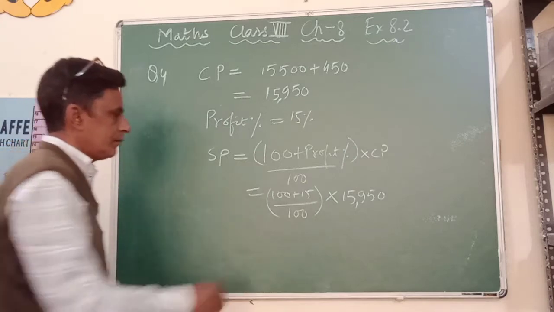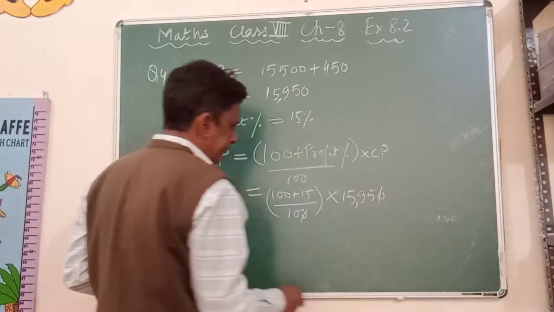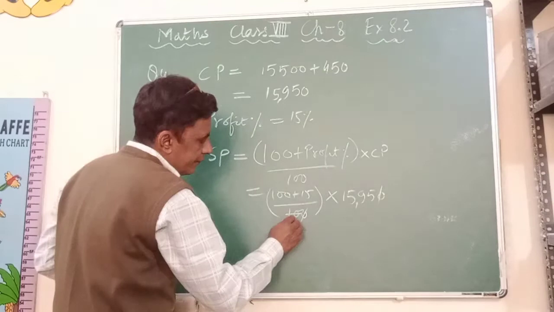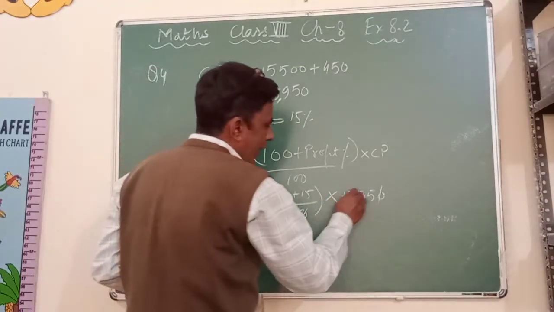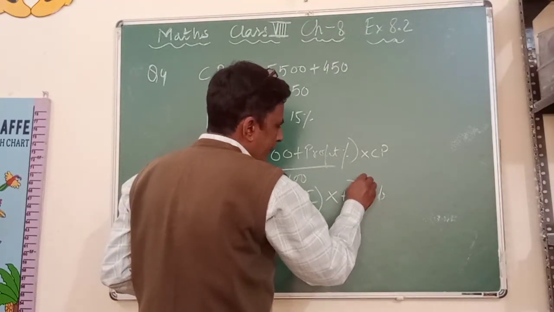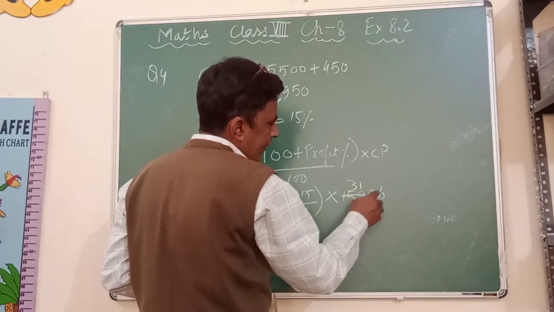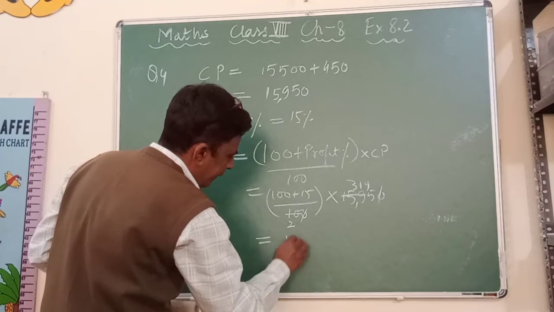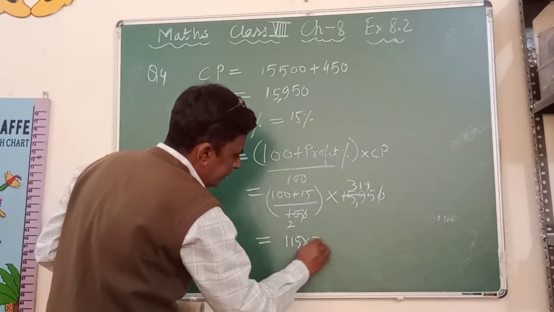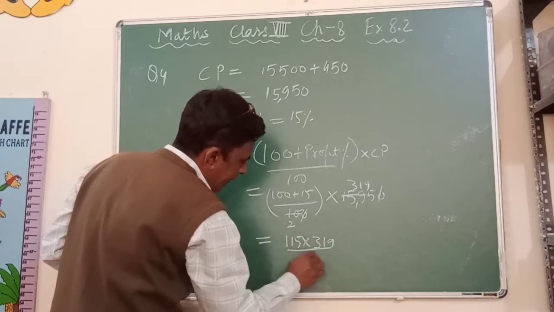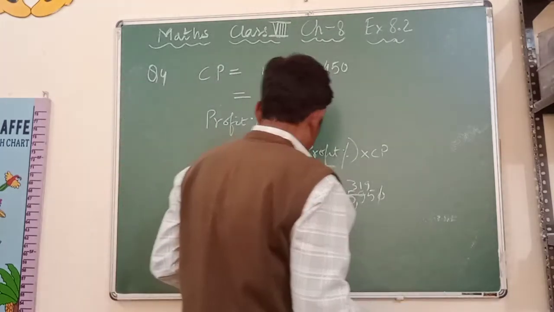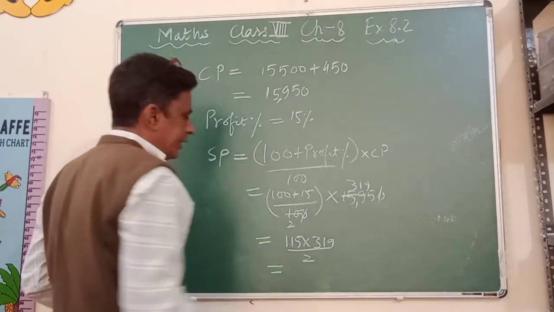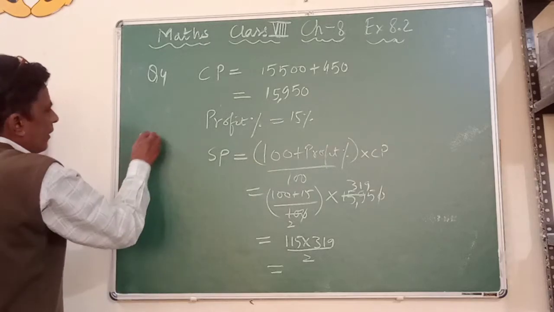We can cancel one 0 over here. Then 5 twos are 10, 5 threes are 15, 5 ones are 5, 5 nines are 45. We have 115 into 319 divided by 2. So we have to carry out this multiplication and division.